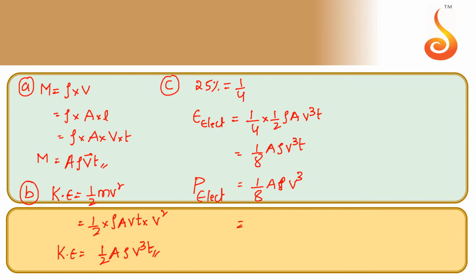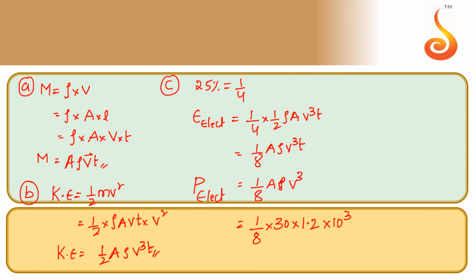Since area, density and velocity are given, let us substitute. So 1/8. The area is given, which is 30 meter square, and density is given, which is 1.2 kg per meter cube, and velocity is given, which is 10 meter per second, so 10 cube.